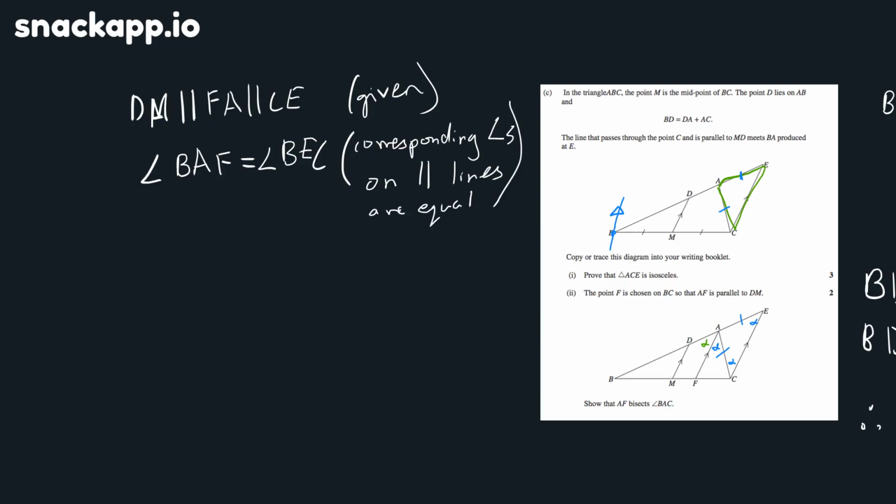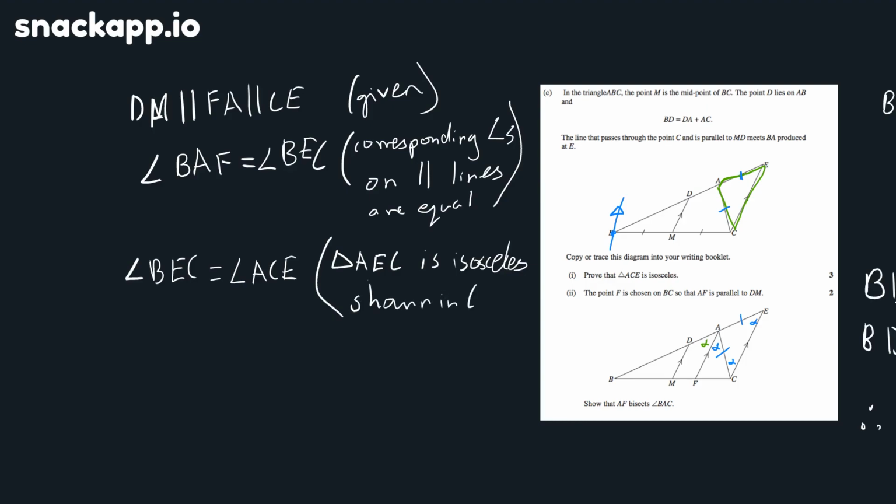The next one I'm going to say is that angle BEC is equal to angle ACE, and the reason for that is that triangle AEC is isosceles, as shown in I, just for good measure.